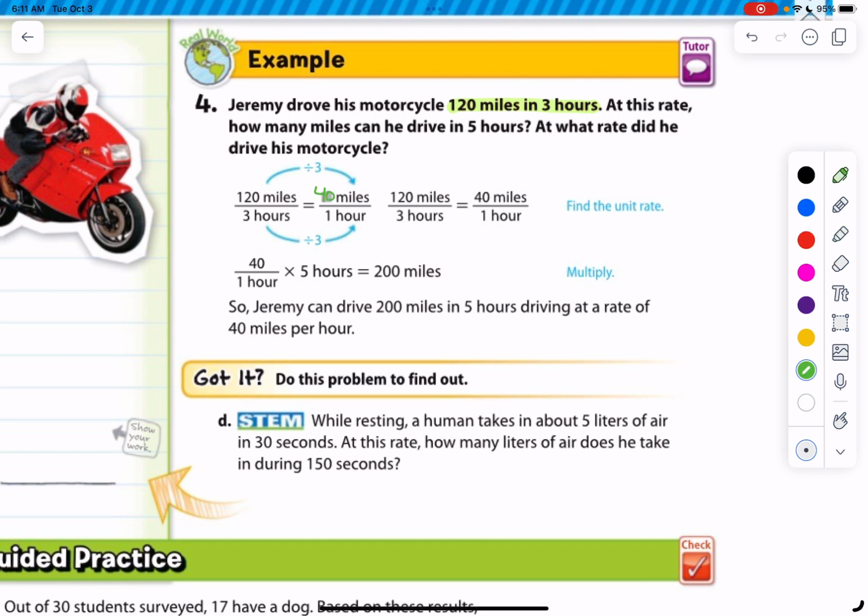So the unit rate is 40 miles in an hour. And if we multiply that by 5, we find that Jeremy can travel 200 miles in 5 hours.